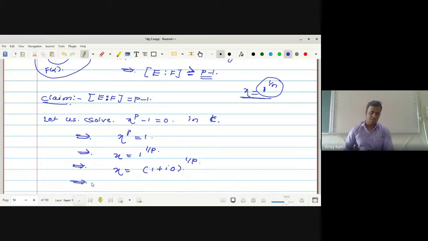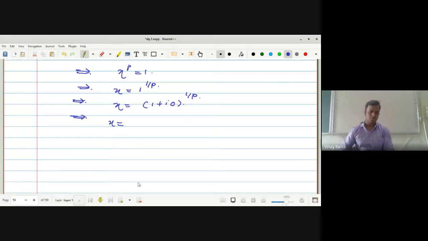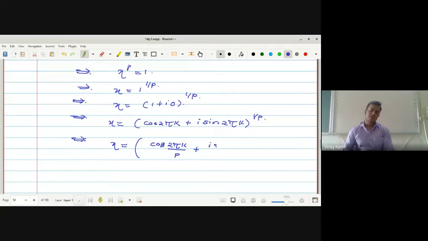This implies x is equal to (cos 2 pi k plus i sin 2 pi k) raised to 1 by p. By de Moivre's theorem, x is equal to cos 2 pi k divided by p plus i sin 2 pi k divided by p, where k runs from 0, 1, up to p minus 1.